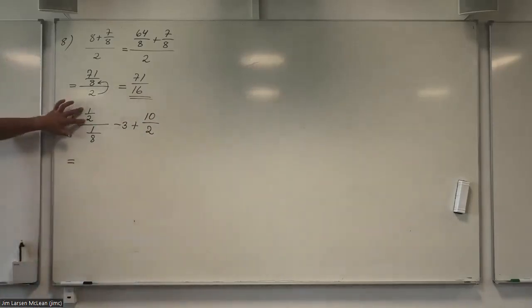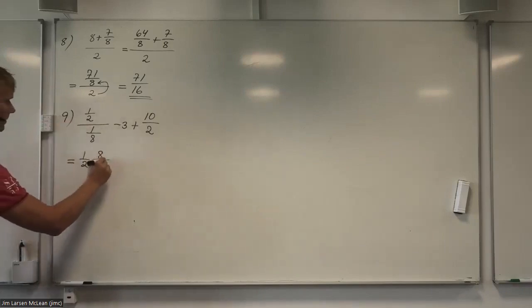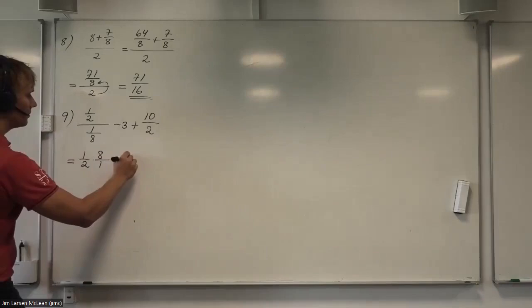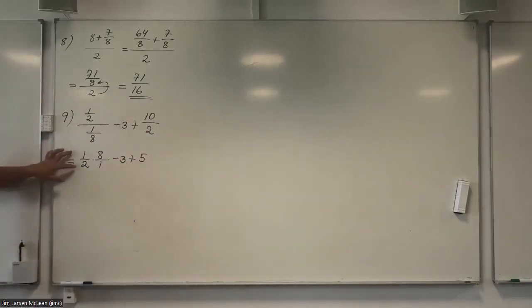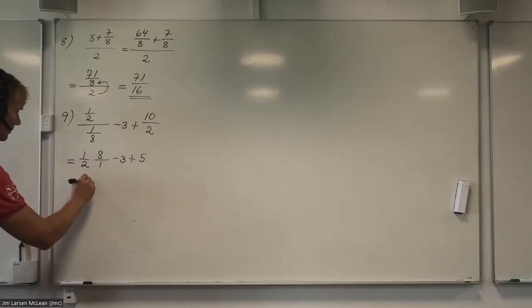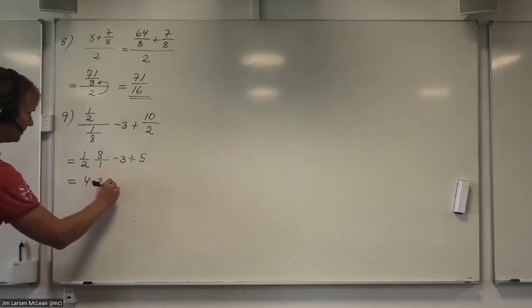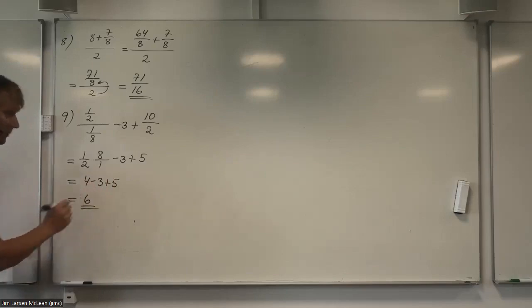To divide two fractions, you take the first fraction and multiply it by the reciprocal of the second. And then I should subtract 3 and add 5, as I can see here. You multiply two fractions by multiplying the numerators together and the denominators together. So here we get 8/2, also called 4. So it's 4 minus 3 plus 5, and 4 minus 3 gives 1, and plus 5 makes 6. So the answer is 6.